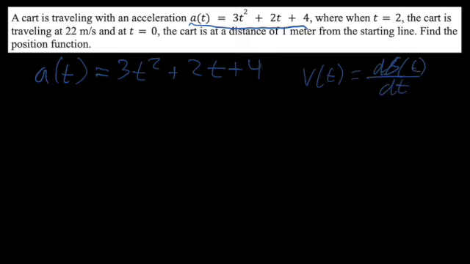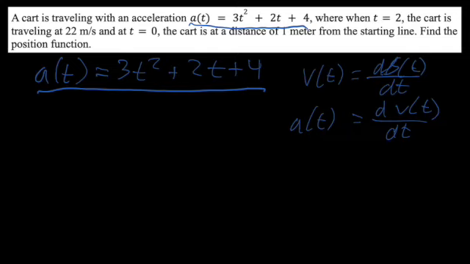Likewise, acceleration is the derivative of the velocity function with respect to time. So this acceleration equation is the derivative of the velocity equation. And if we're trying to eventually get to the position function, we just have to integrate this twice, because the integral is the inverse of the derivative.